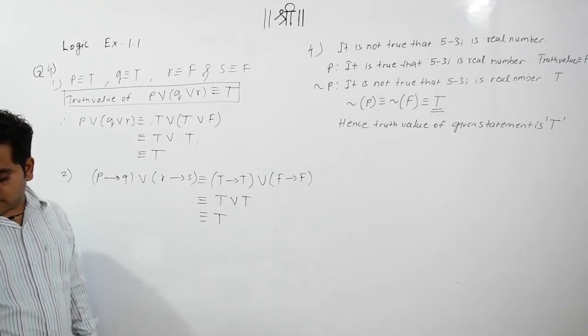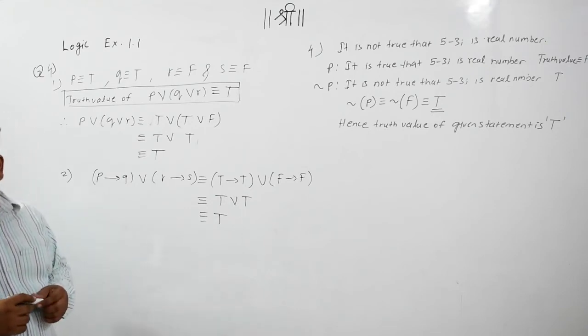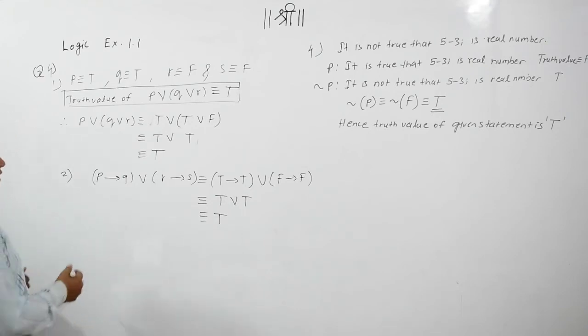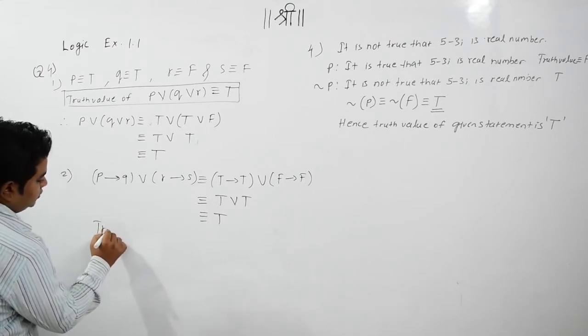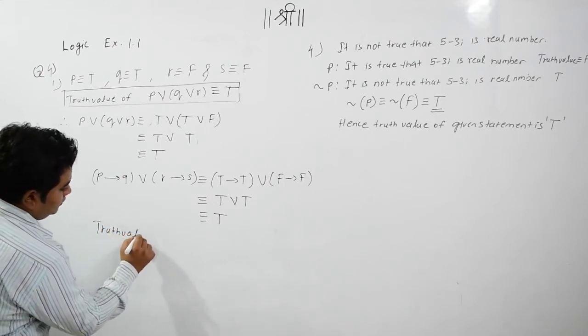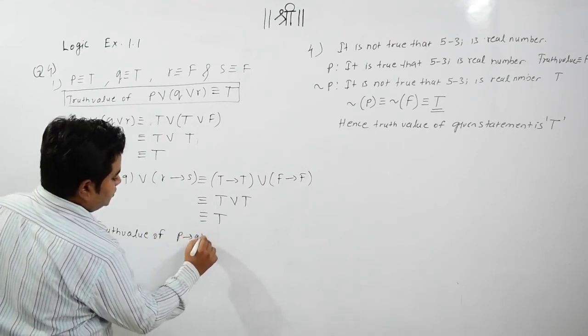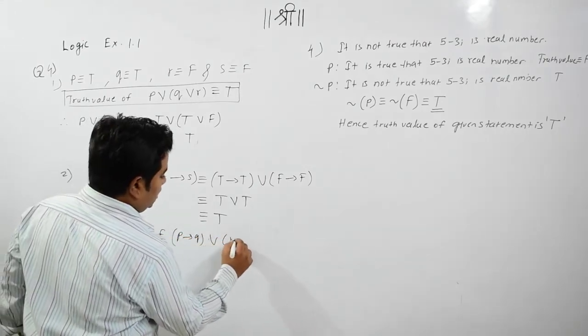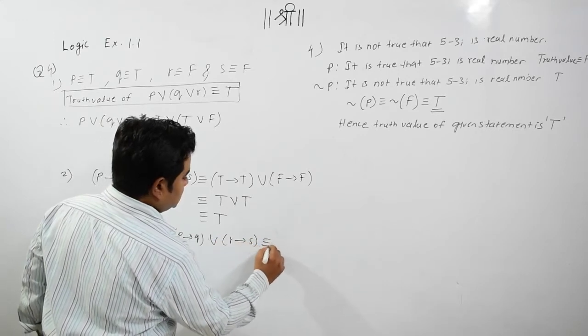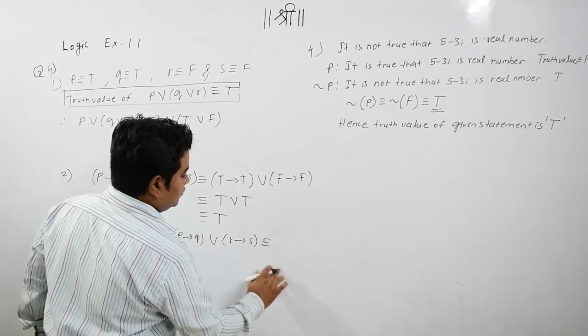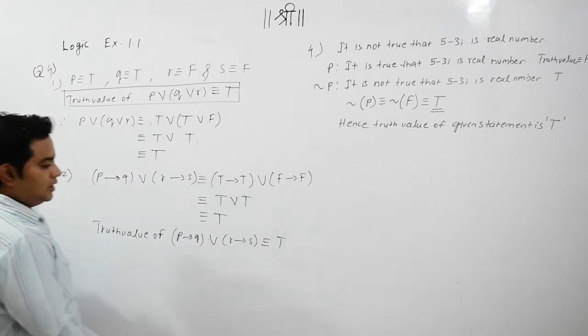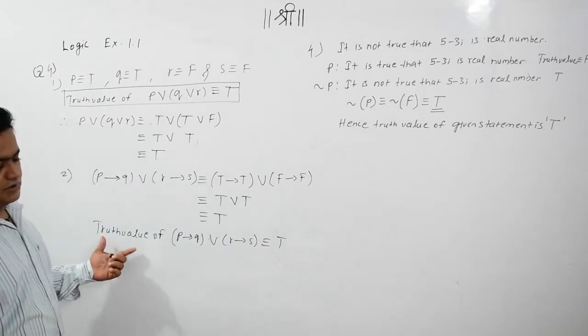So this is the final answer. What is the final answer for question number 2? The truth value of P implies Q or R implies S is equivalent to T. Understood? So that's the end of this question.